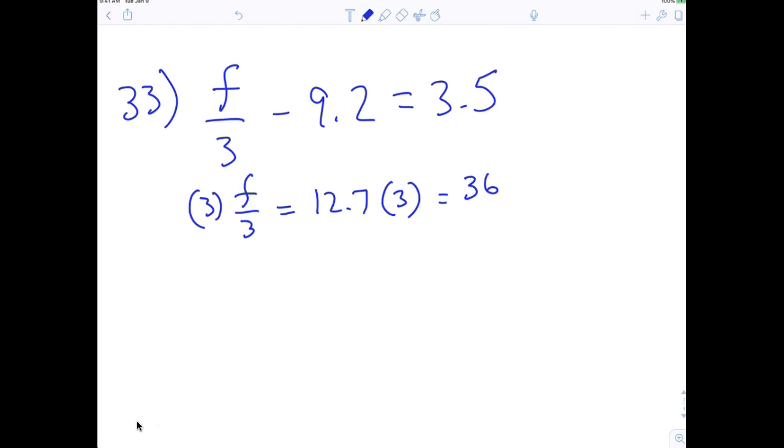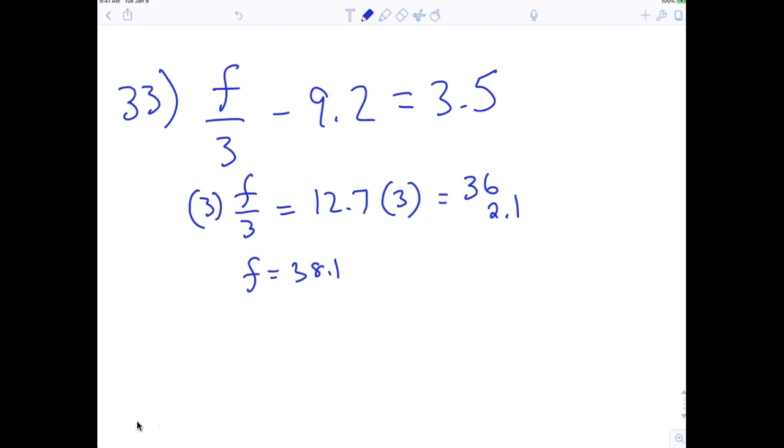There you go. 2.1. Think it through, right? Don't have to be quick. 2.1. All right. So now 36 plus 2.1 is what? That is correct. 38.1. So F is equal to 38.1.